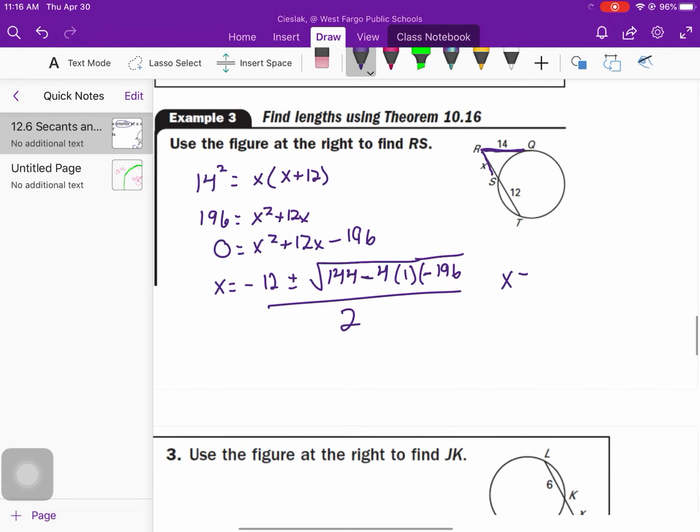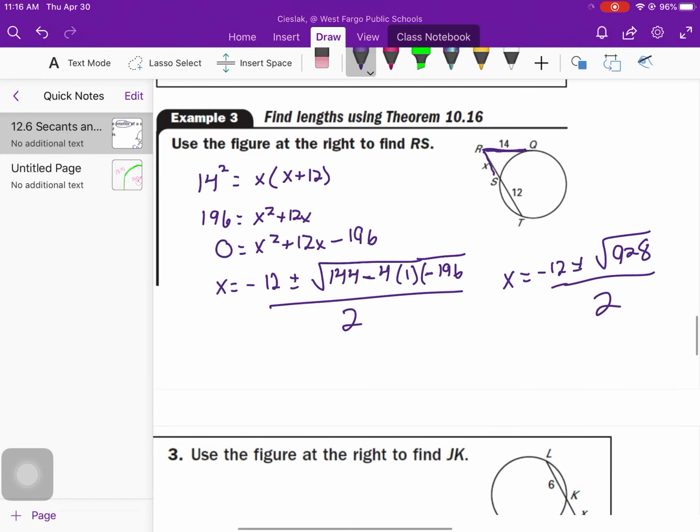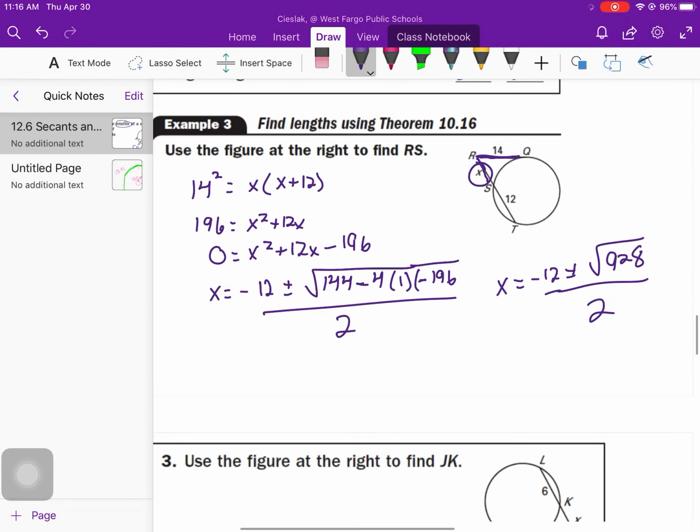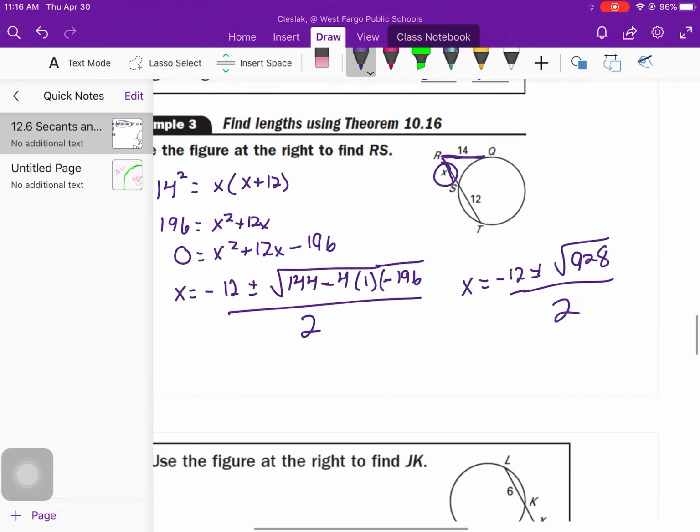So x is equal to negative 12 plus or minus the square root of 928 over 2. Just like the last example, the negative I'm going to throw out because it's negative 12, and if I subtract another number, it's still going to be negative. I'm finding just an x here, so in the context of this problem, it wouldn't make sense.